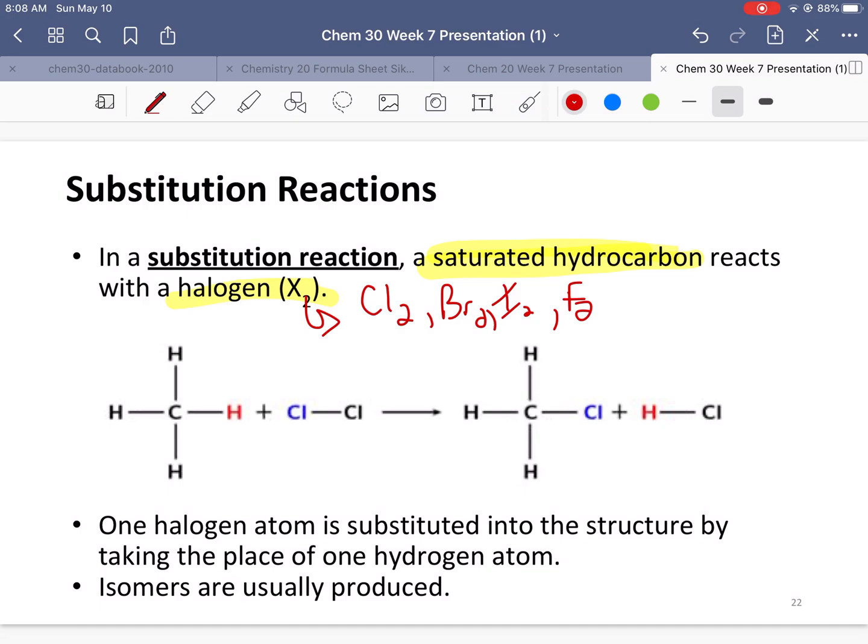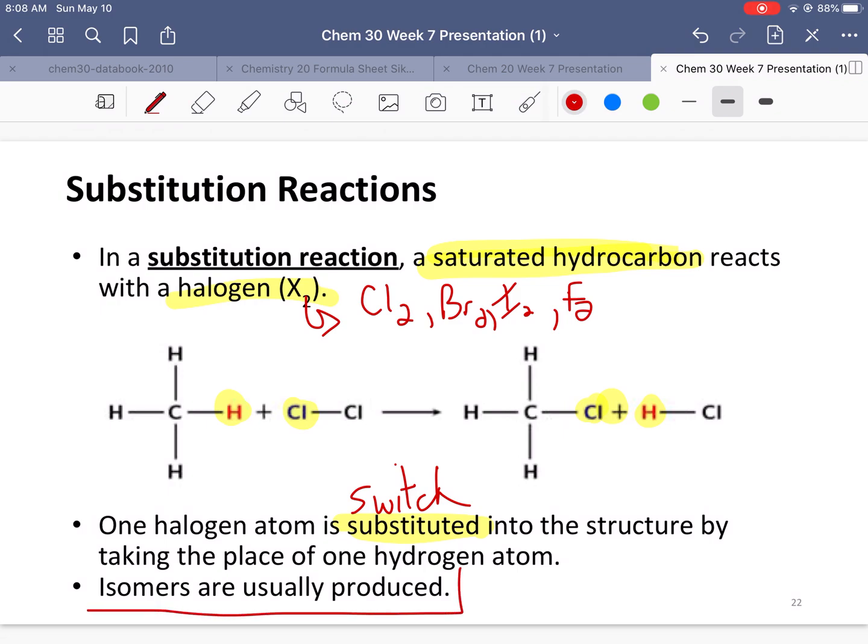What you see in red or in green is going to get swapped out. So now in the product, we end up with a chloromethane because chlorine's been swapped out. And we now have a hydrogen halide, not just chlorine, but hydrogen chloride. It is a substitution. It is a switch. Okay, one takes the place of the other.